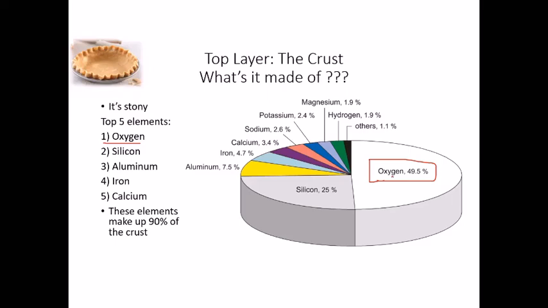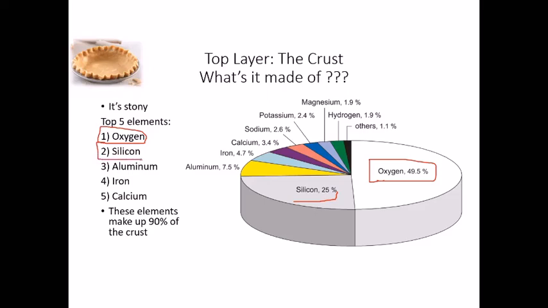Like the rust that forms on a bicycle or a car is iron oxide, right? It's iron and oxygen combined together, and it can form a solid. So that's what happens actually with rocks. The oxygen has combined with the silicon and other elements, and it's formed a solid, okay? So the first one is actually oxygen. You go outside, pick up a rock, it's probably 50% oxygen by mass.